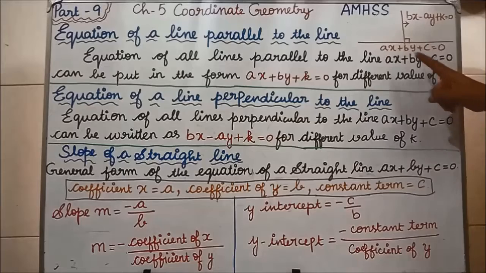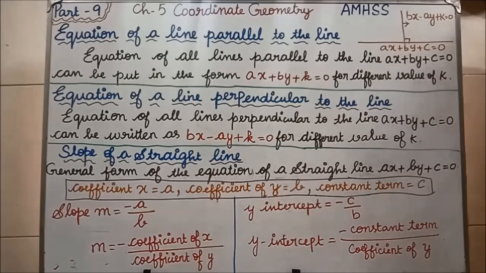The constant term alone will differ. Perpendicular means the coefficients of x and y will be interchanged, and in the middle it will become minus. And the constant term also will become k, again for different values of k. Different value means, suppose in the question you have the constant term as 6, you will get some other number for k. Clear about the parallel line and the perpendicular line?